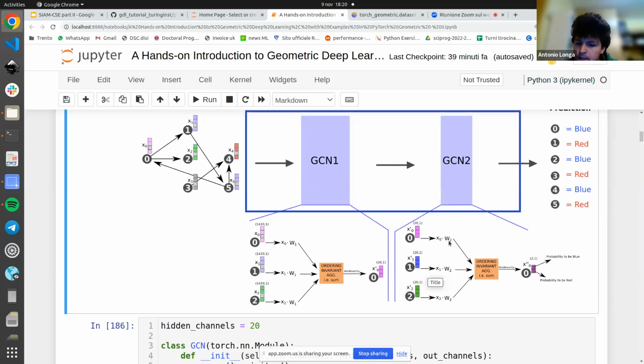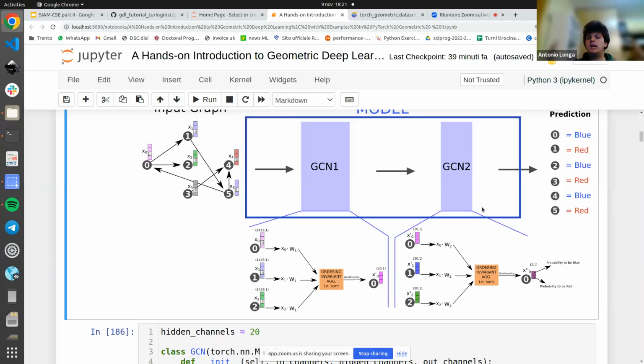If this matrix, W2, moves your embedding from 20 down to 2, at the end, in the last representation of the node in your output layer, you will have a tensor with two elements, in which the first element will be the probability, and we are going to see why I'm saying probability, of being a blue node or a red node. And this is the general idea of the model we are going to implement.